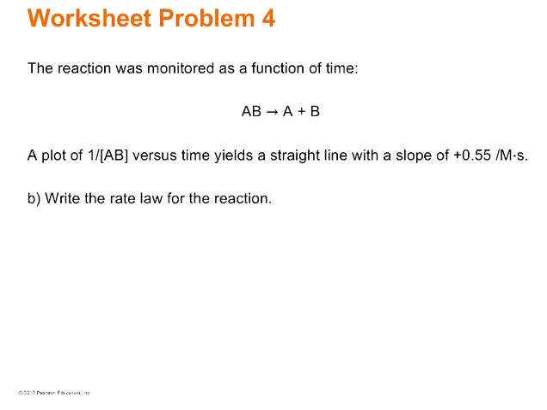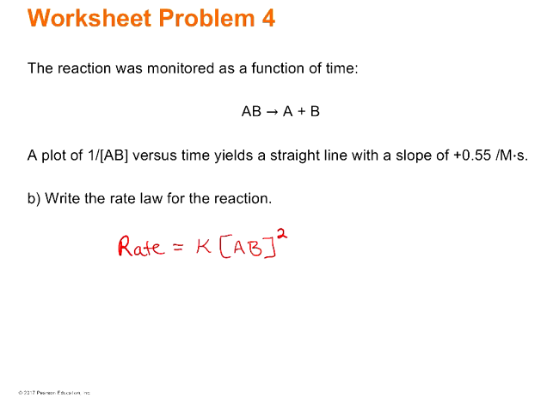Now for part B, write the rate law for the reaction. So this isn't the integrated rate law, this is just the regular rate law. So this would equal the rate constant times the concentration of the reactant squared, because we determined that this was a second order reaction.